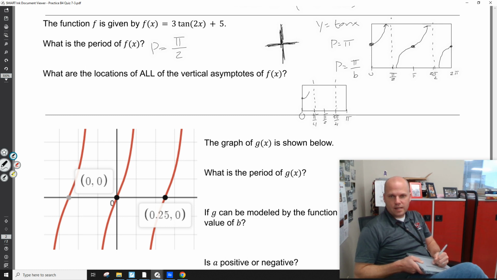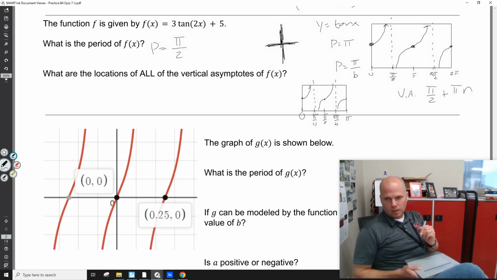Here's a good way to write the locations of your vertical asymptotes. Ready? You've got the vertical asymptotes of this parent function. Vertical asymptotes of my parent function are all of my pi over 2's with multiples of pi, because I start repeating after pi.